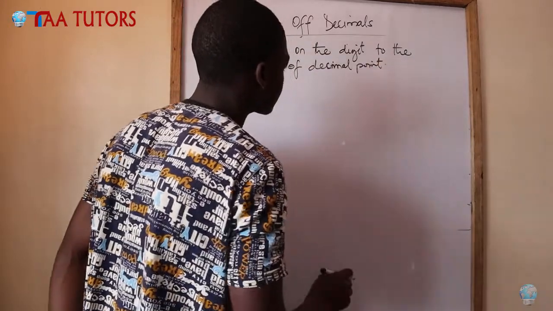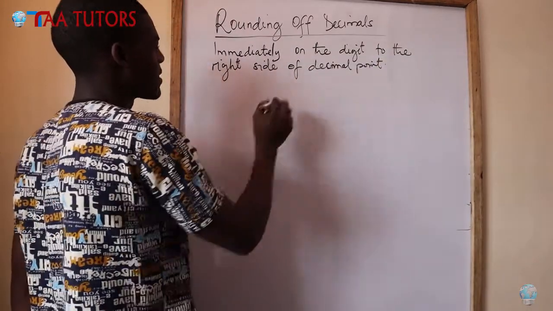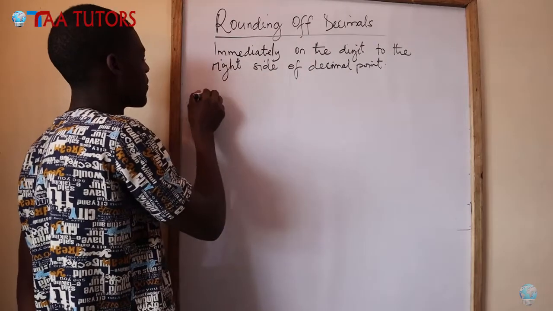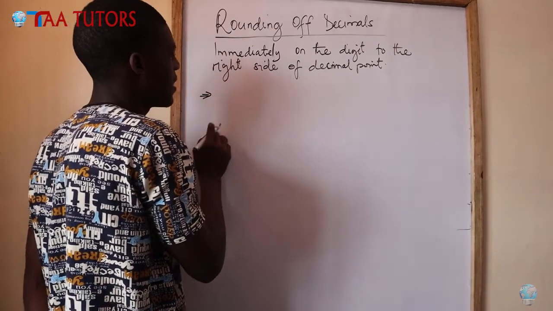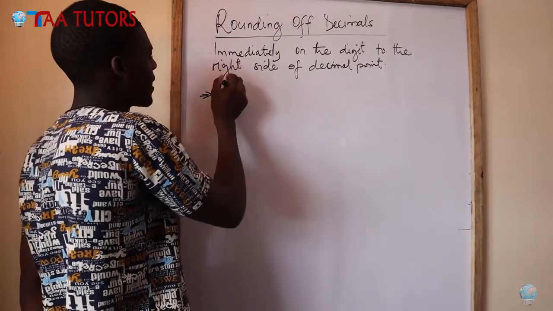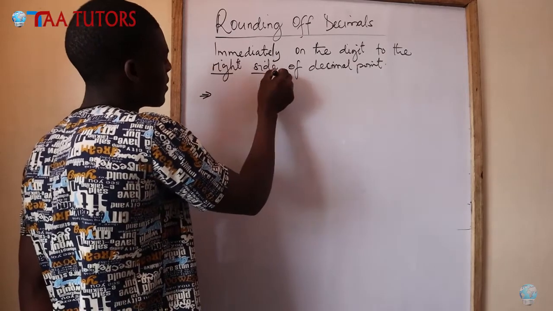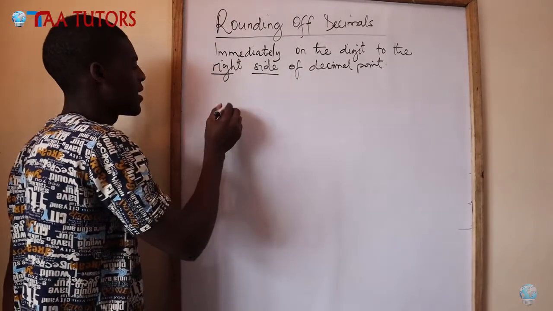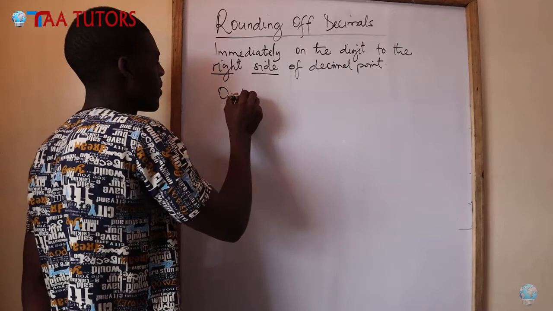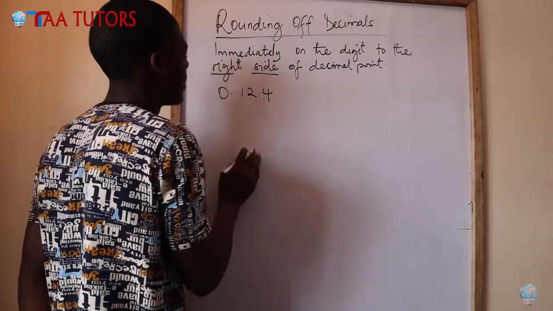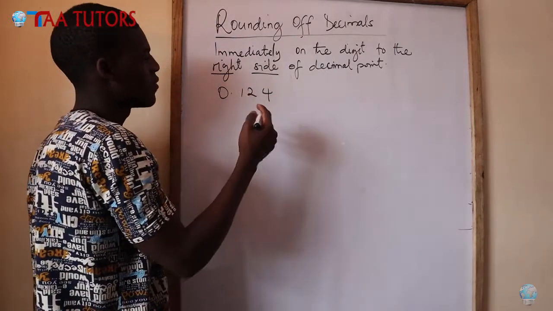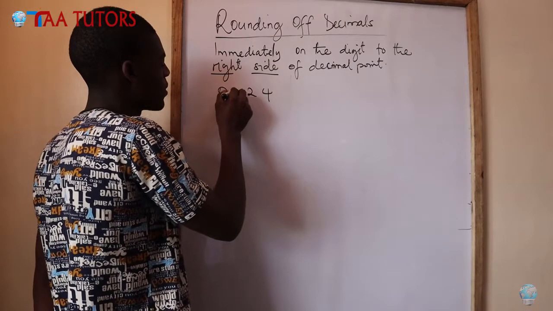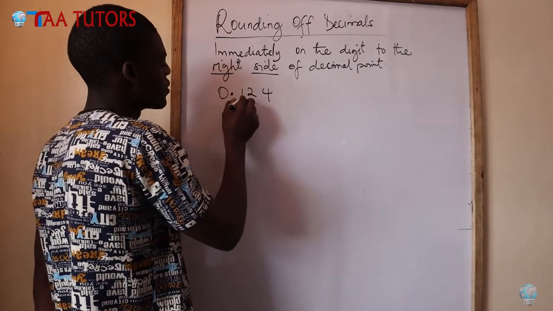And we must understand what is happening during this rounding off. When we have a figure like 0.124, and we've said round off to 2 decimal places, the decimal point is here, so we will count 2.